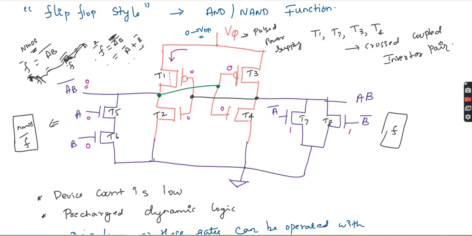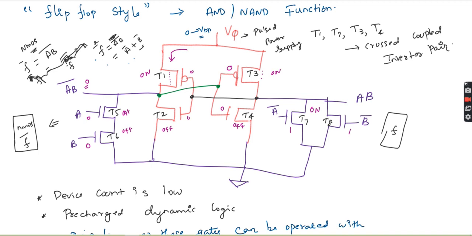Transistor T1 is on, T3 also is on, T2 is off. In one branch both transistors are on, and in the other branch both transistors are off.